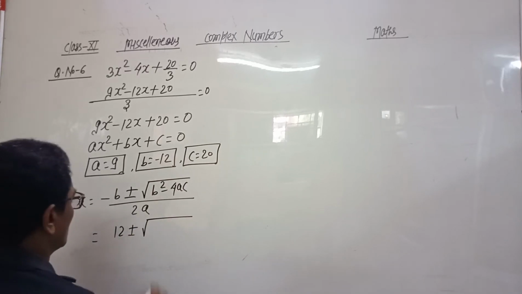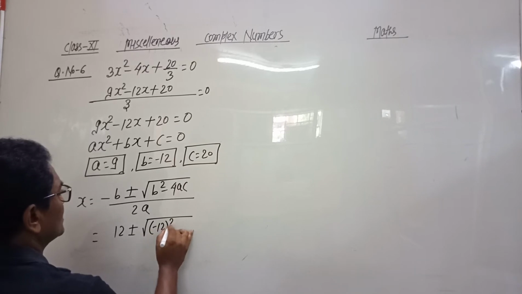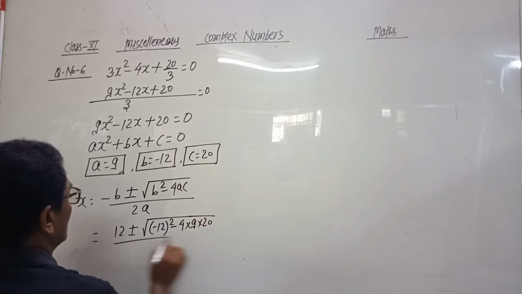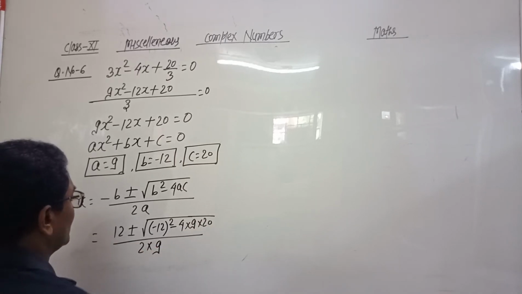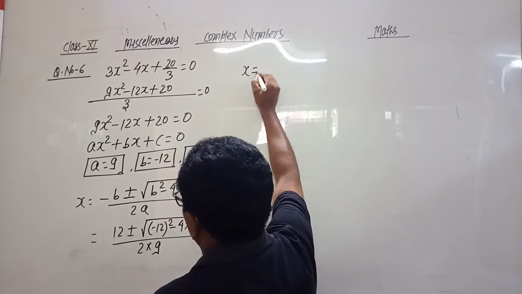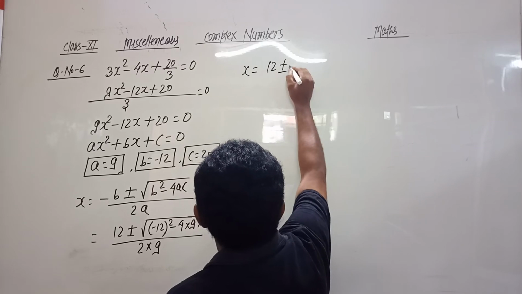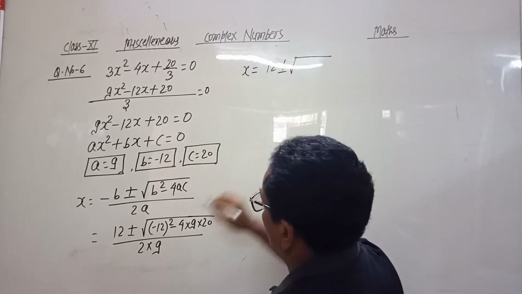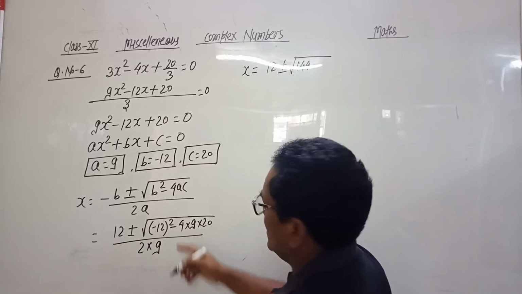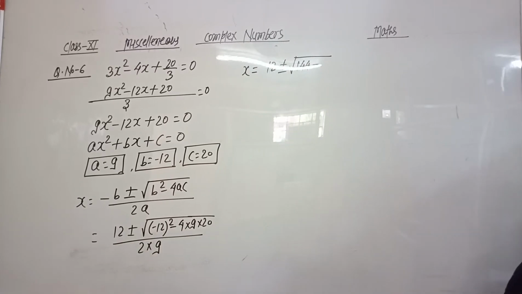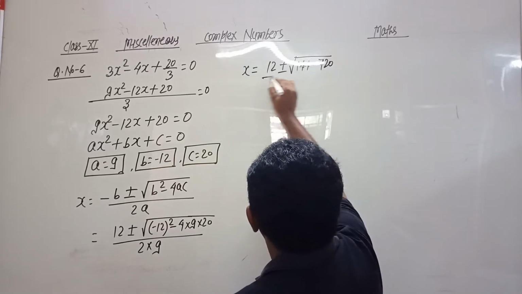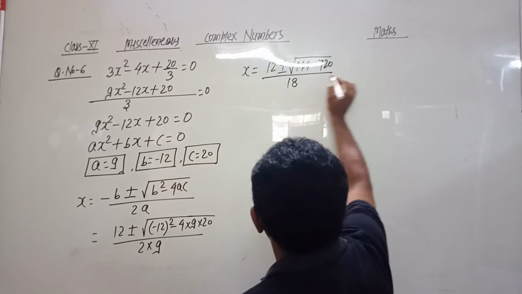So x equals 12 plus minus under root of minus 12 the whole square, minus 4 into 9 into 20, upon 2 into the value of a, which is 9. So we get x equals 12 plus minus under root of 144 minus 20 into 4, which is 80, into 9, which is 720, upon 2 into 9, which is 18.